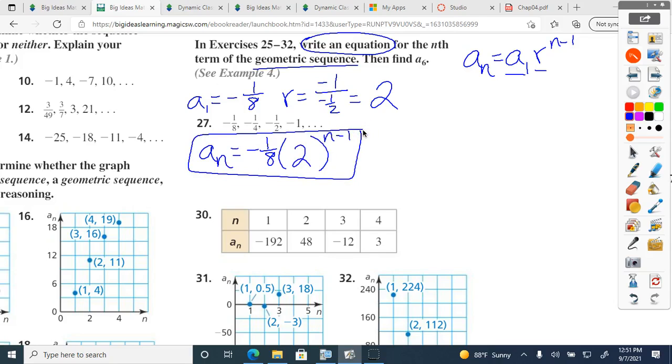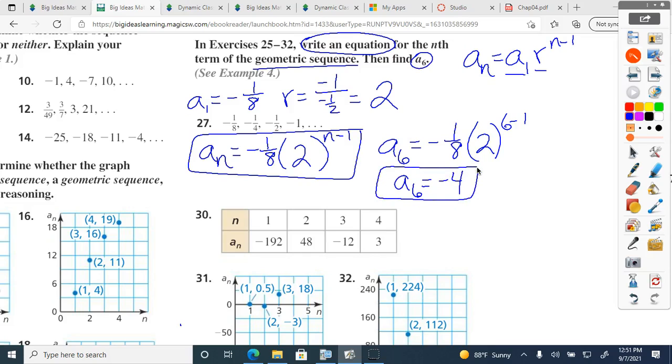Now I change the n's to what? 6, because I'm looking for A sub 6. So A sub 6 equals -1/8 times 2 to the 6 minus 1 power. What'd you get? -4. Last problem.